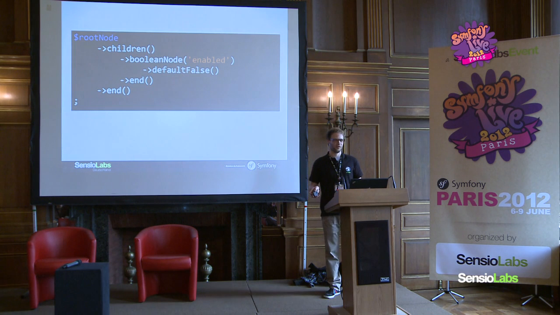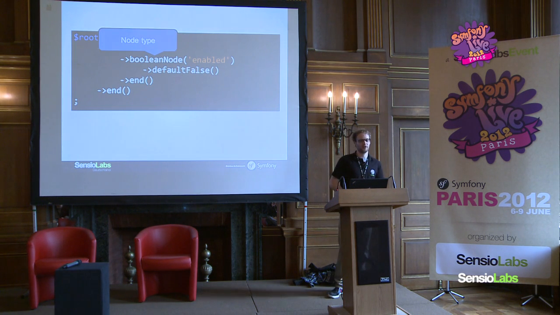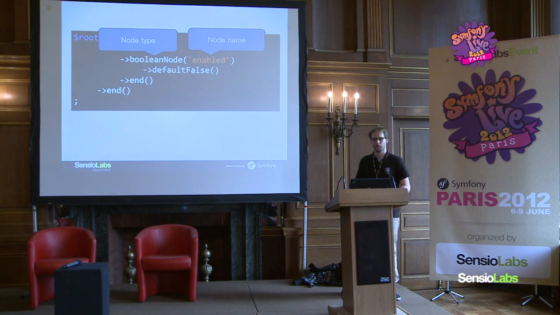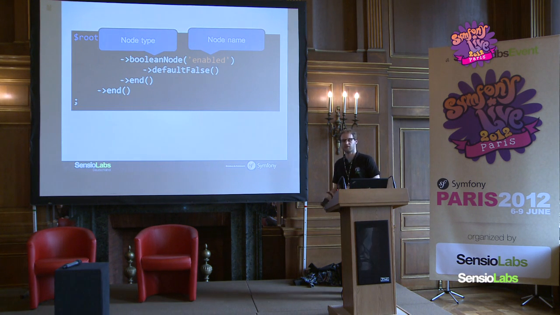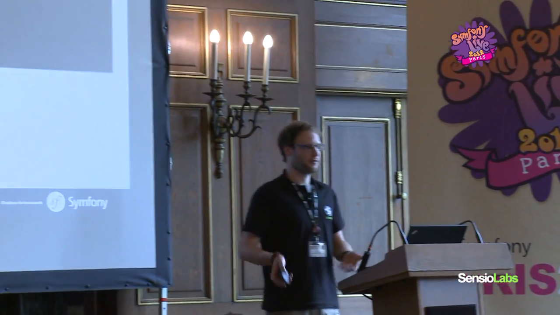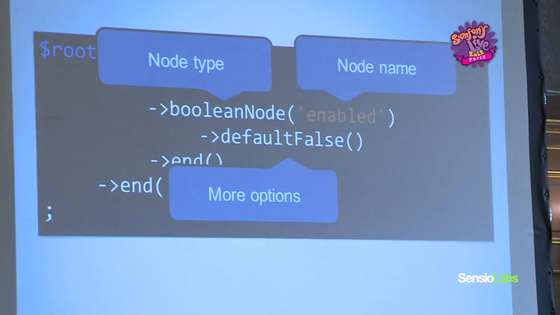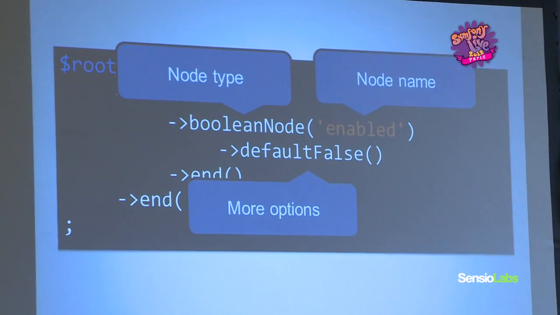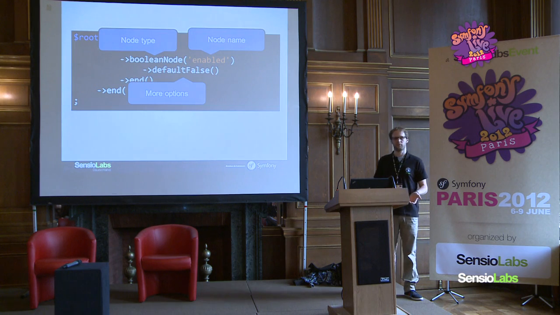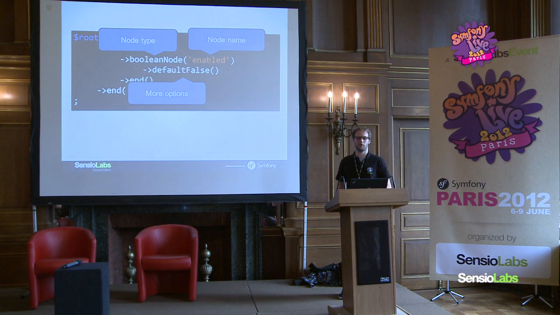So basically, what you do if you define an option that's going to be in your configuration is you define a node type. In this case, it's a Boolean type. You define a node name. The name is going to be in the config file, and you can provide more options. Like for this example, default false. And in this case, if you don't provide this option, it's going to be false. So in this case, your bundle won't be activated or won't be enabled.